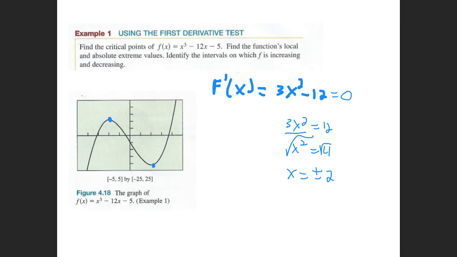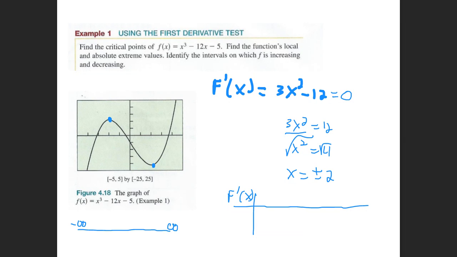All right. Once we have that, so we've taken our derivative, we found where our critical points are going to be. Then what we do is we set up a table. And we call this a first derivative table because we've taken a first derivative. And then we're going to do an interval. And we always start with negative infinity over here, positive infinity here, and then we put our two numbers on here.